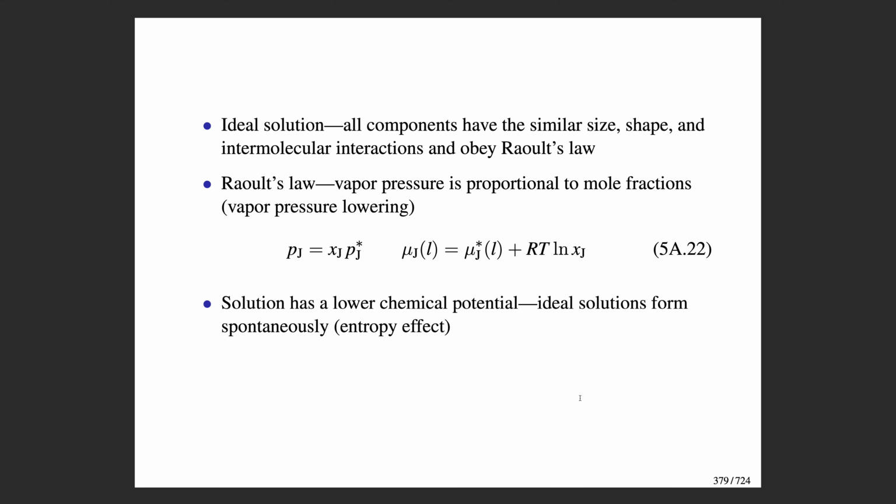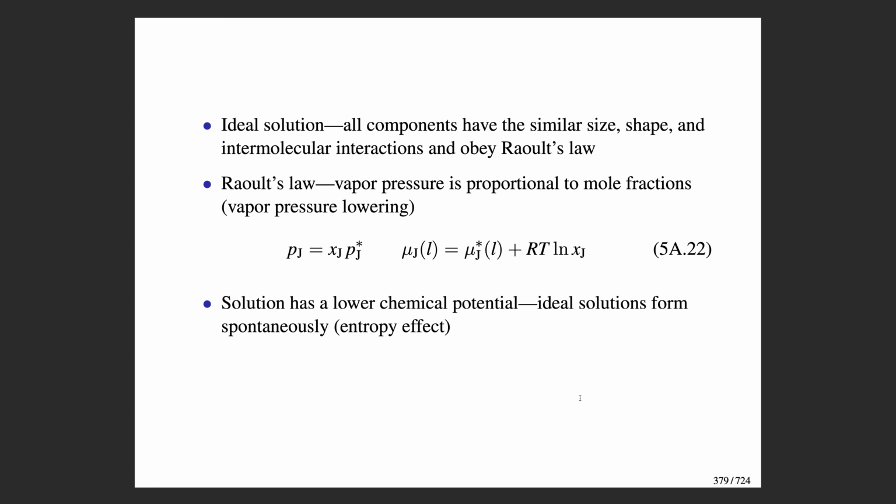We'll introduce the idea of an ideal solution. An ideal solution is one where all of the components of the solution have roughly the same size, roughly the same shape, and the same intermolecular interactions, and they obey Raoult's law. So that's the definition of the ideal solution.